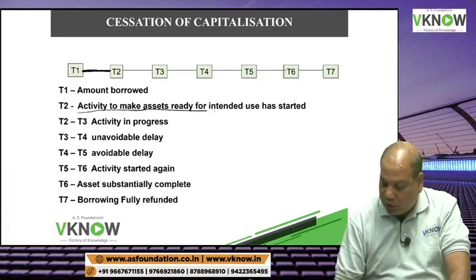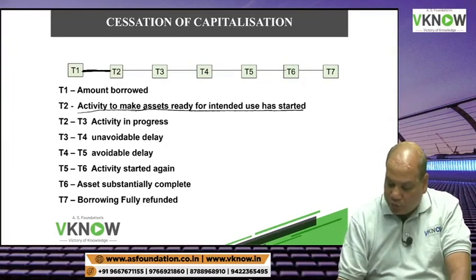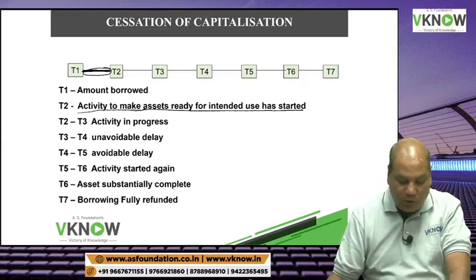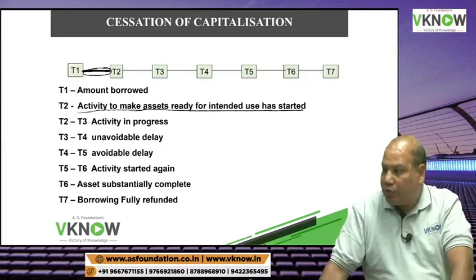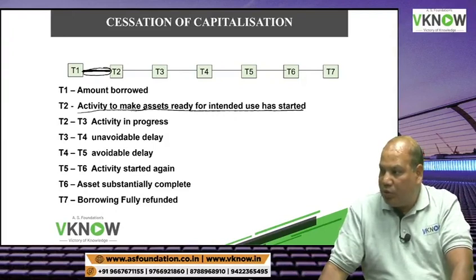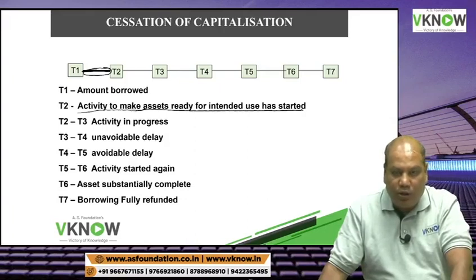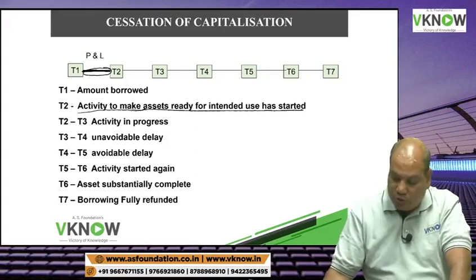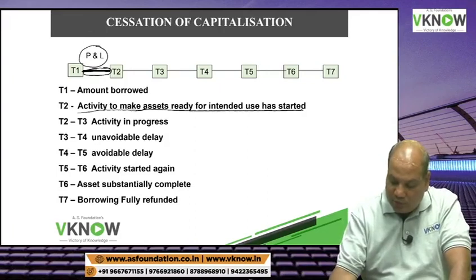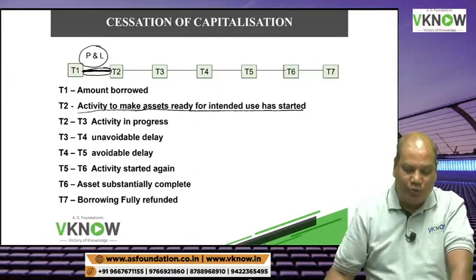Activity started only at T2. So the borrowing cost incurred between T1 and T2, reply, P&L account or capitalize? So the answer is P&L account.